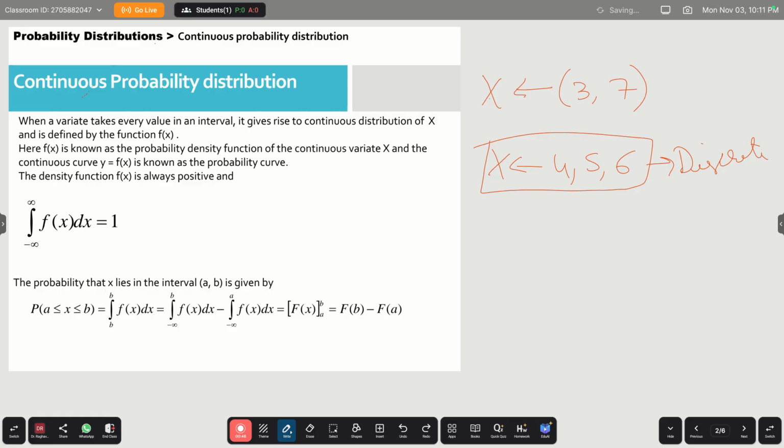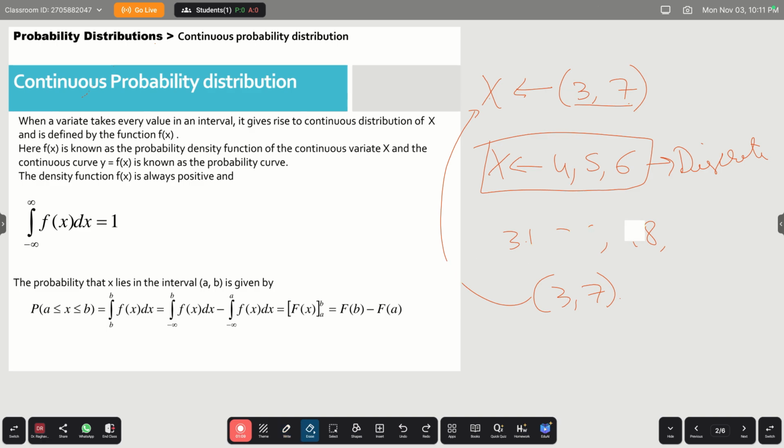But when x can take any value between 3 and 7, it could be 3.1, it could be 3.6, it could be 4.8. Okay. So any value between 3 and 7. Then the random variable x is called a continuous random variable.